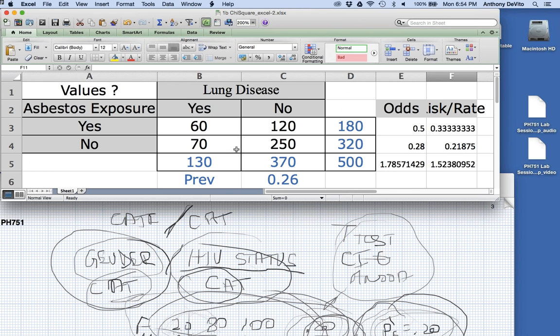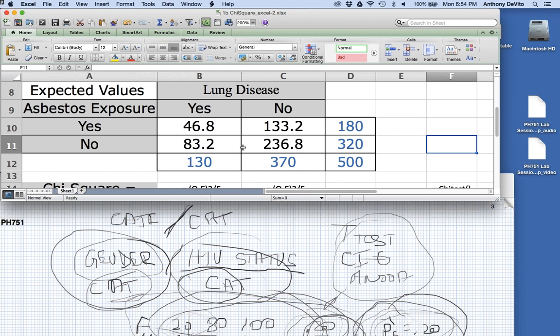So you can kind of intuitively say to yourself, the bigger the difference between the observed values and the expected values, the less likely that the differences are due to chance.